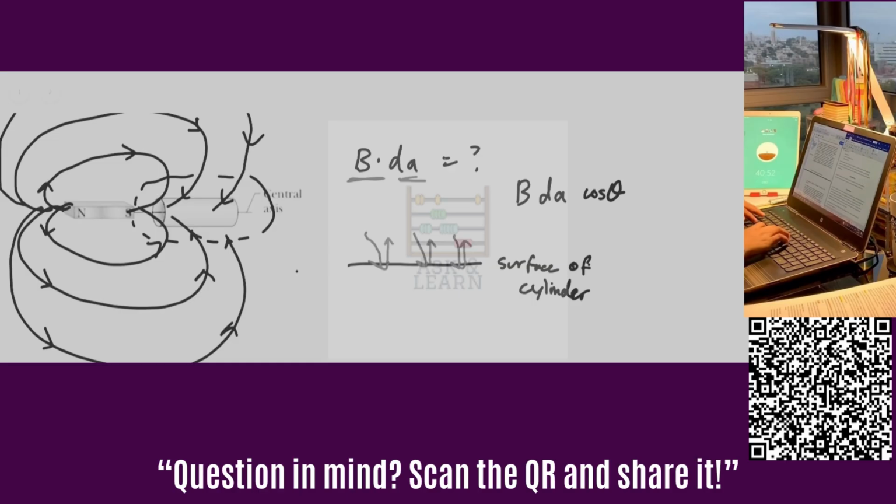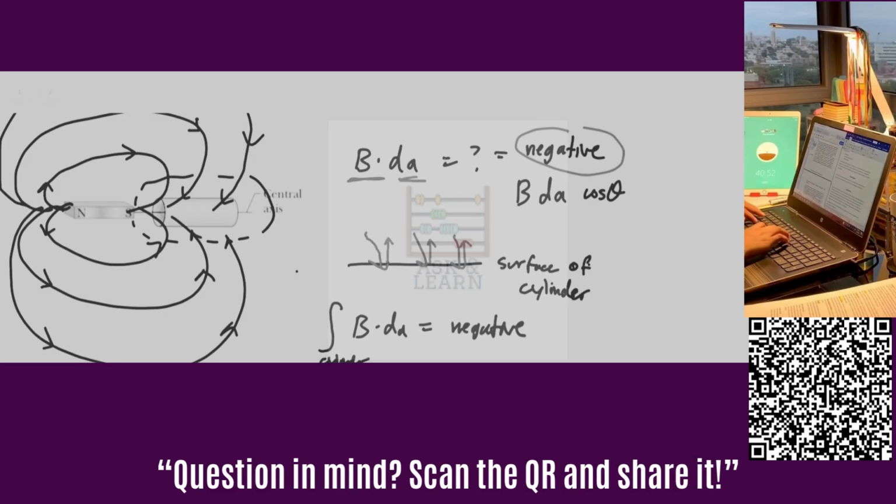Since you can see in this picture that the arrows are in general opposing each other, this is consistently going to be negative for all surfaces of this cylinder. Now, if you add up the total B dot dA for the entire surface of the cylinder, you will get a negative value.